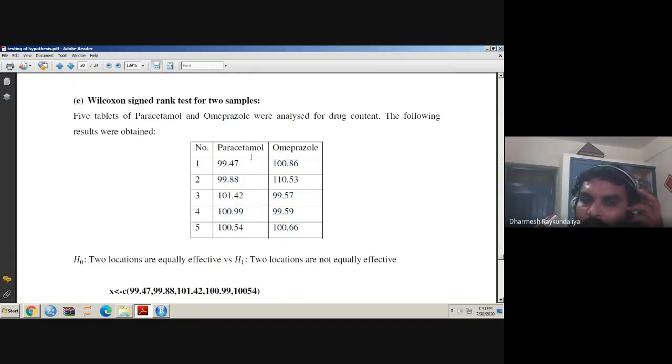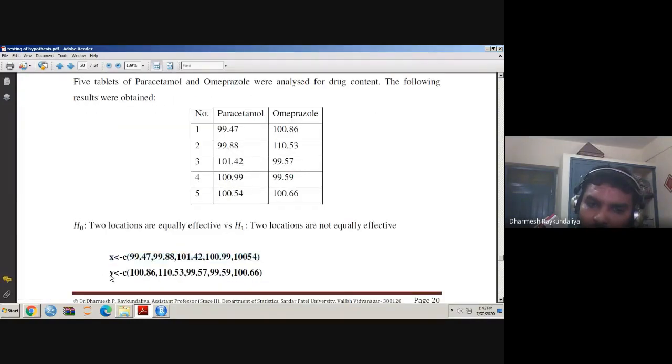And now I am saying that the location, or the means or medians, of the output across these two groups is the same. That means both are equally effective, versus they are not equally effective. I have taken here X, and I have entered this as Y.